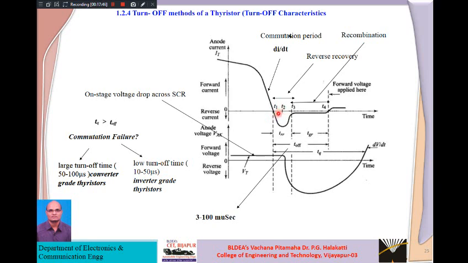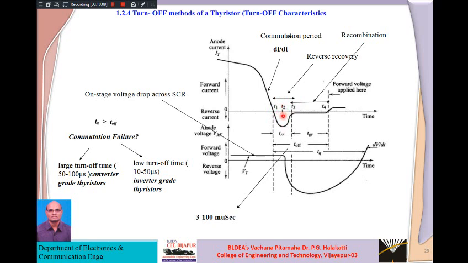By doing this we are trying to reduce the density of the majority carriers. That is very important. If we reduce this density of majority carriers, then we are successful in reducing this di by dt. That is one thing we are doing, that is called the reverse recovery period.